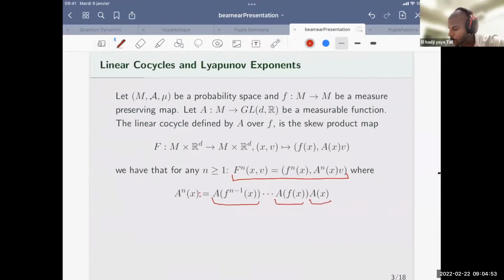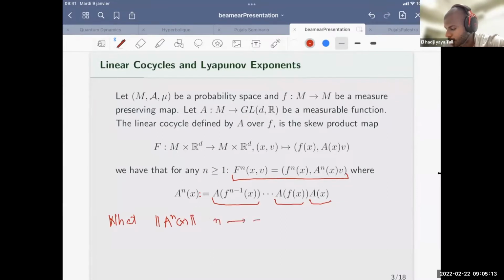The natural question is, what can we say about the norm of A^n? In dynamical systems, usually we are interested in the long-term behavior of a system. Here, we want to know what happens to the norm when n goes to infinity.